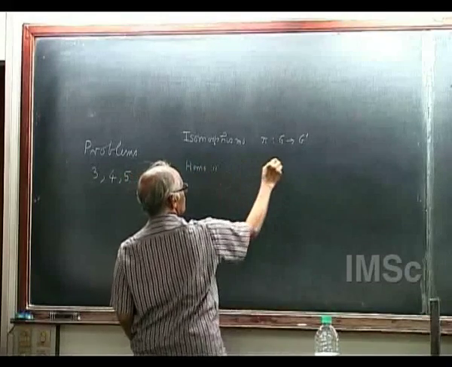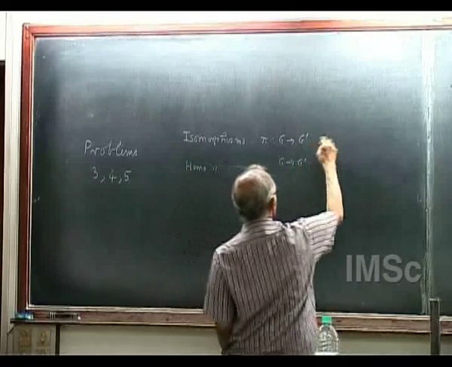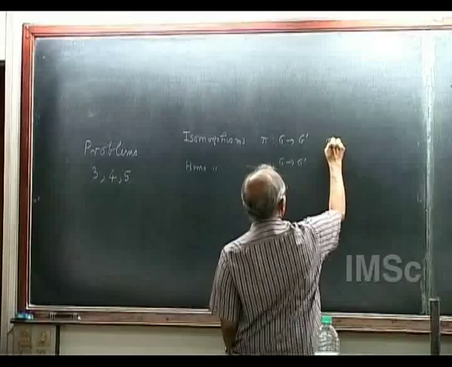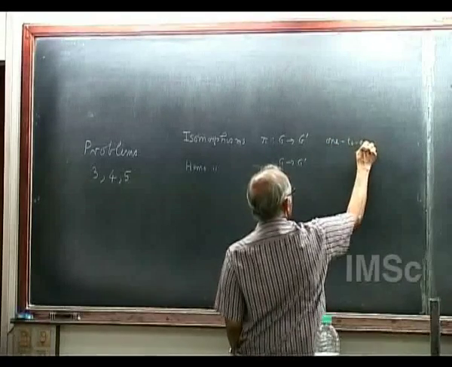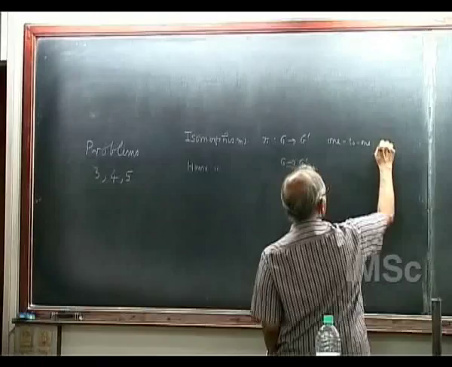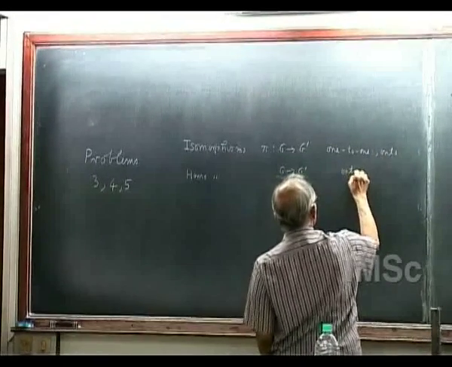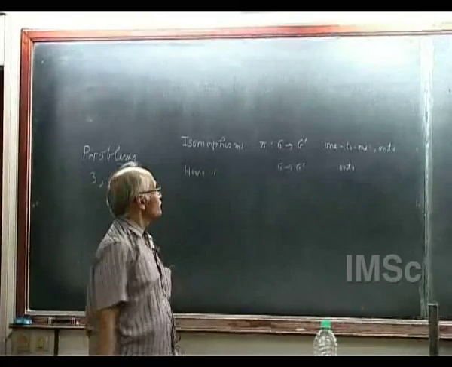Homomorphisms, again G to G prime. Here the statement is that an isomorphism is 1 to 1. We assumed always onto. Here we have onto, but we don't have the 1 to 1 condition.